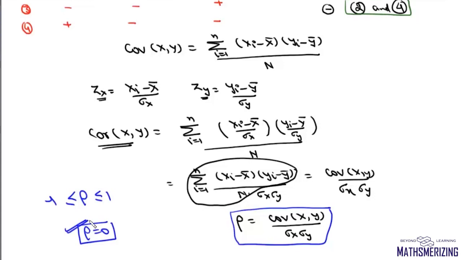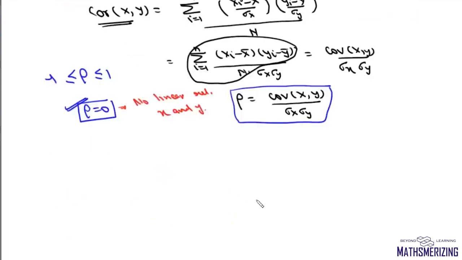No. The coefficient of correlation doesn't test the relationship between x and y, it simply tests the linear relationship. So if we say rho is 0, it simply means that there is no linear relationship between x and y. These x and y may be related, but they do not have a linear relationship.